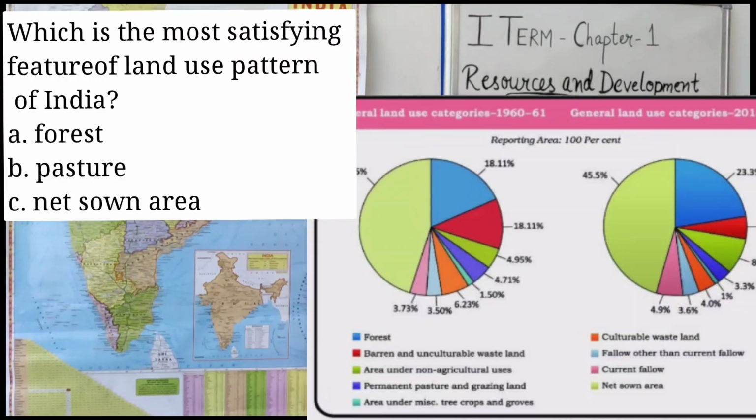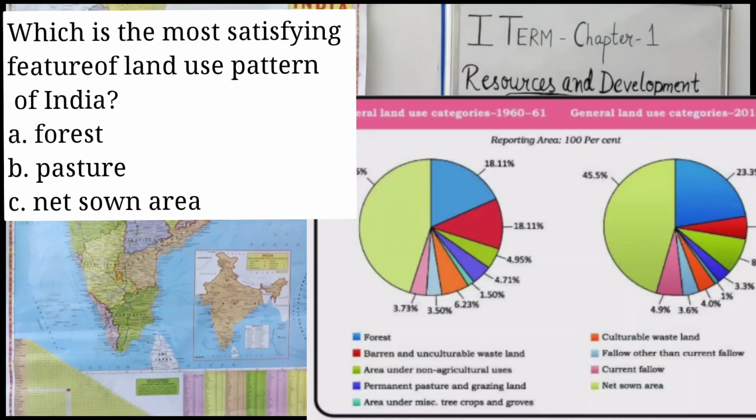Question 2, based on the same figure. Which is the most satisfying feature of the land use pattern of India? Is it forest, pasture, or net sown area? We are happy with that feature. Forest, we are much below the required norm, that is 33%. Pasture, we know it has decreased and is very less also. The net sown area, we are quite satisfied, because almost 50% of the land in India is under net sown area.